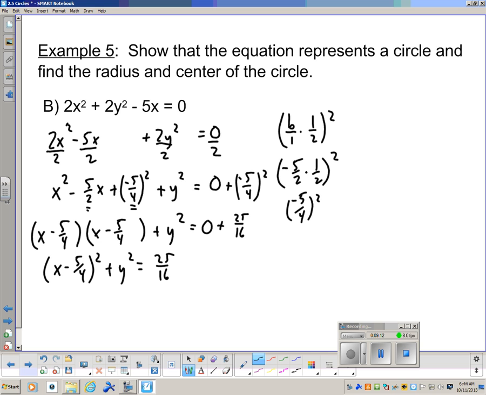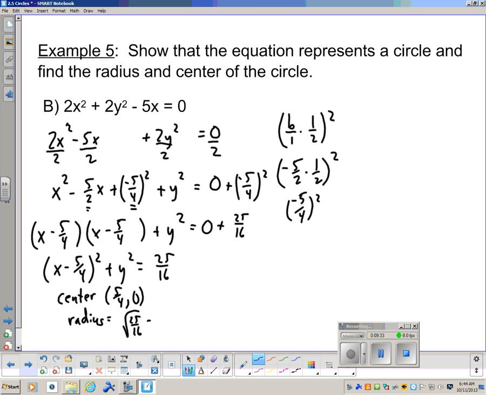So now it's in our form of x minus h squared plus y minus k squared equals r squared. We can identify the center of our circle. Center of our circle here is 5 fourths, comma 0. Our radius, we have to take the square root of 25 sixteenths.